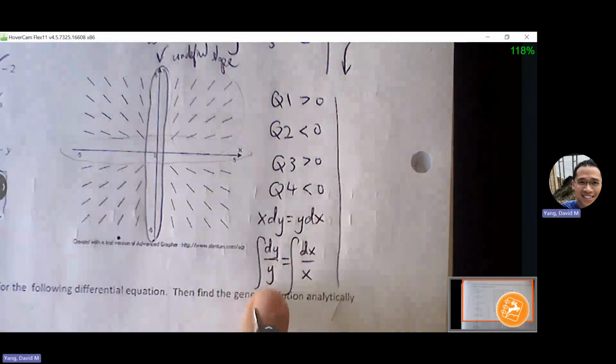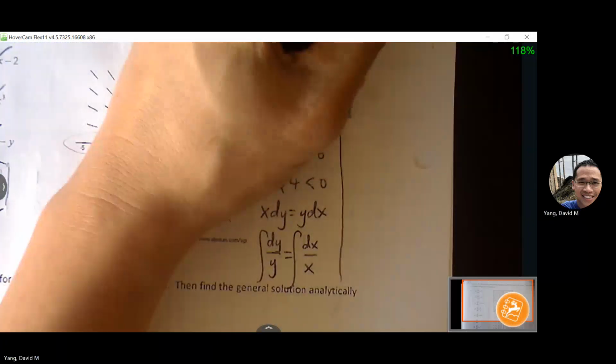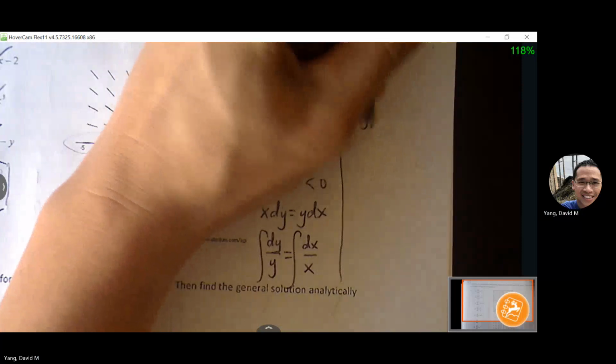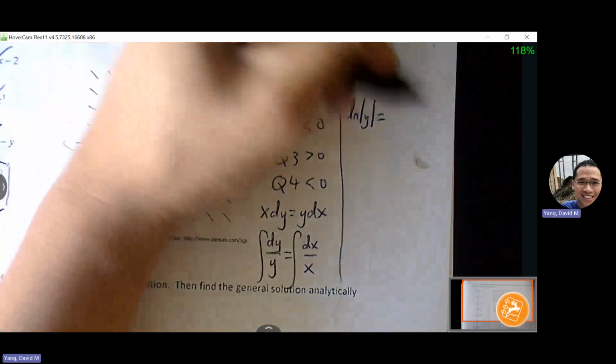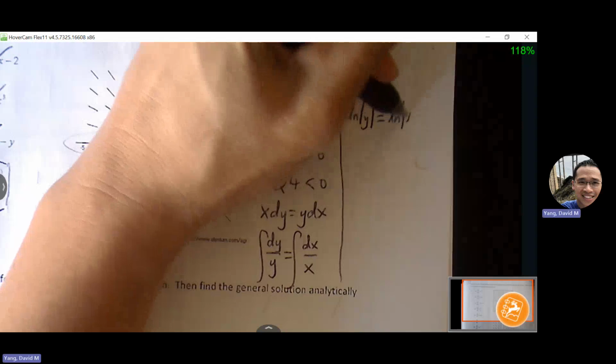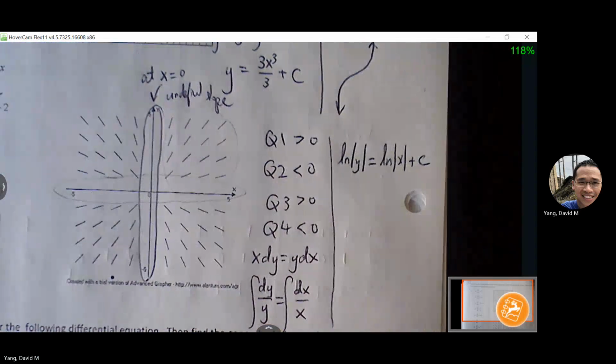Okay. 1 over y dy becomes natural log absolute value of y. 1 over x dx becomes natural log absolute value of x.